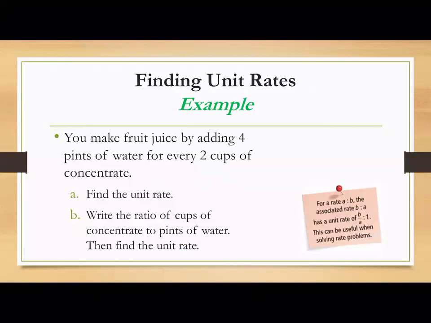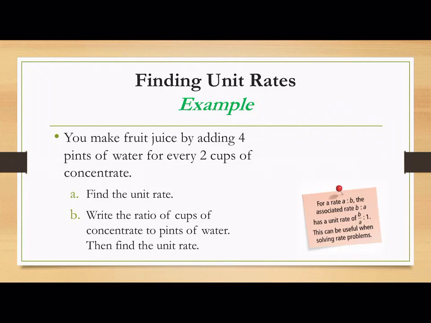So for an additional example, and I'll walk through this one, we have this question. You make fruit juice by adding 4 pints of water for every 2 cups of concentrate. And for those of you that aren't familiar with what concentrate is, that is where you have a focused amount of a flavor.